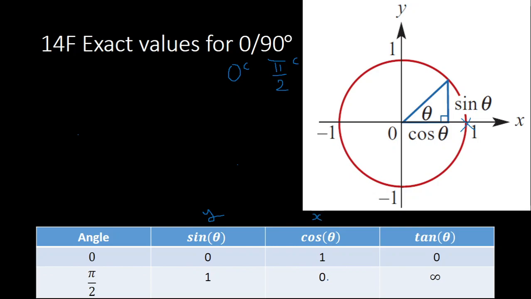And for pi on 2 or 90 degrees, cos of pi on 2 is 0 and sine of pi on 2 is 1. To find a tangent, you do a ratio. So sine over cos is 0, so tangent of 0 is 0. Tangent of pi on 2, as it is 1 divided by 0, is undefined, so we just write undefined or infinity.